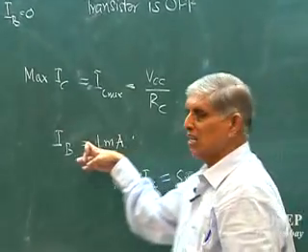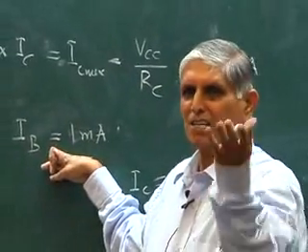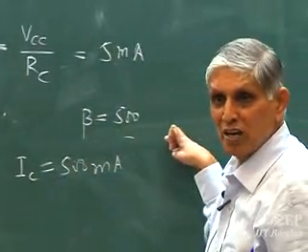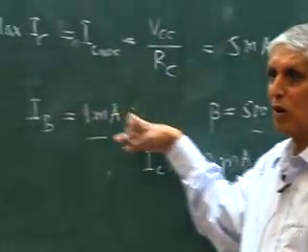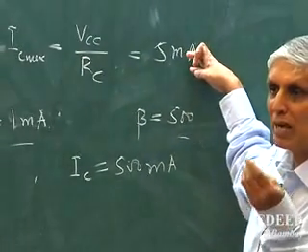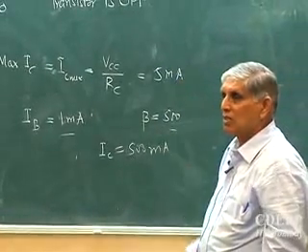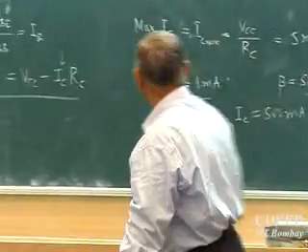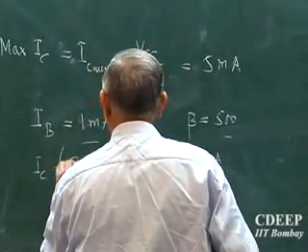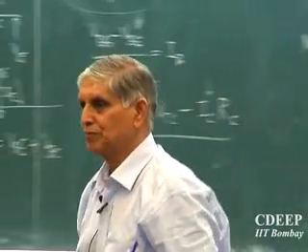You said I can always get to higher base currents. Is that correct? I increase VBB externally, the base current goes up. Beta is 500, so 500 into 500 milliamps. But you just now said for this load the maximum current I can get is 5 milliamps. That means something must have happened, that this relationship IC equals beta IB must have broken down.